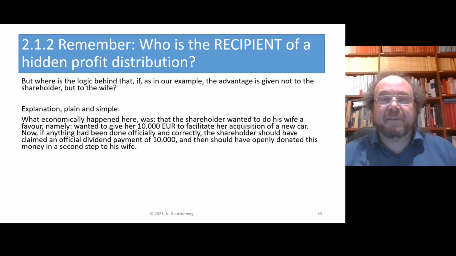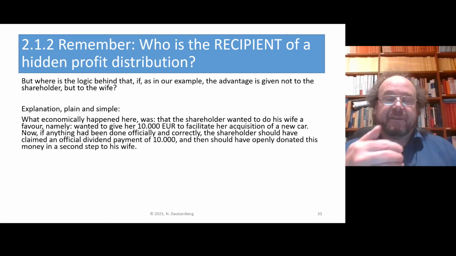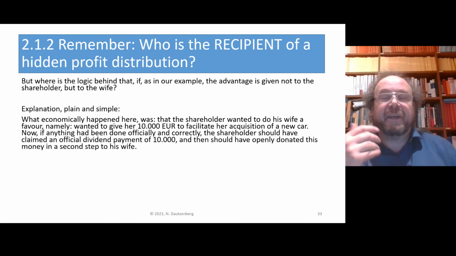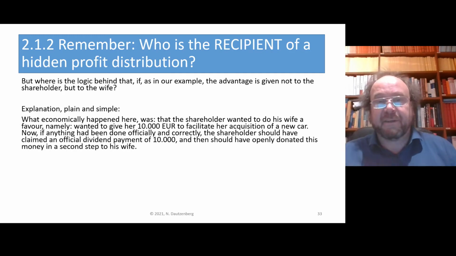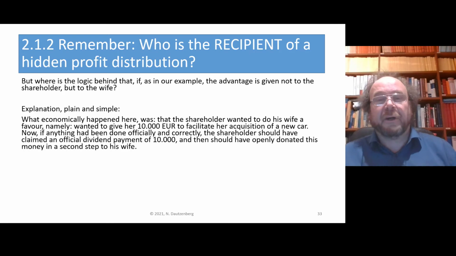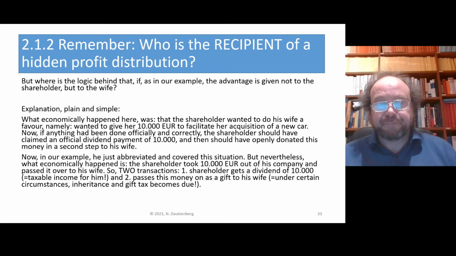If that had been done openly, then the shareholder would have collected a dividend payment of 10,000 euro and then in a second step passed on that money as a gift to his wife and would have said, here is another 10,000. Now you can afford to buy the nice car which you want to buy. That would be the open and honest way to do it.